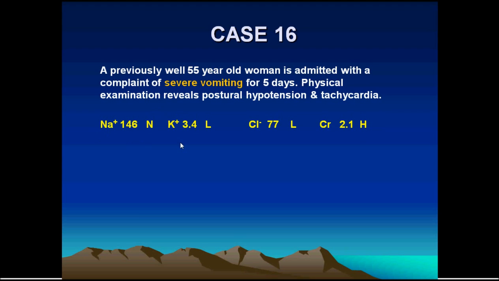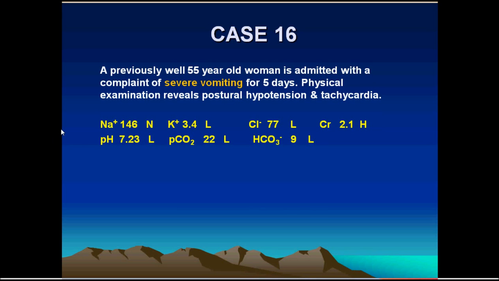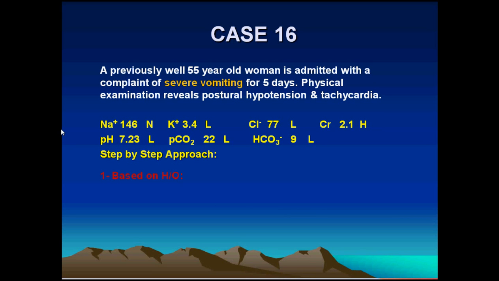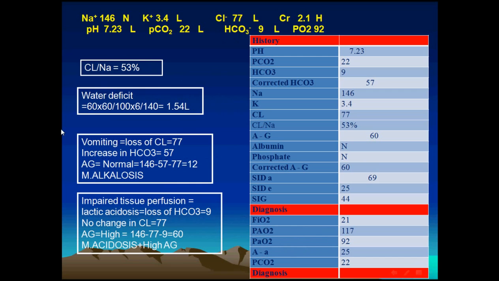So these are the data of the patient. Look, this is the sodium, this is the potassium, the chloride is low, and the creatinine is a little bit high. And these are the ABG. Let us go to the chart itself. This is the nomogram.